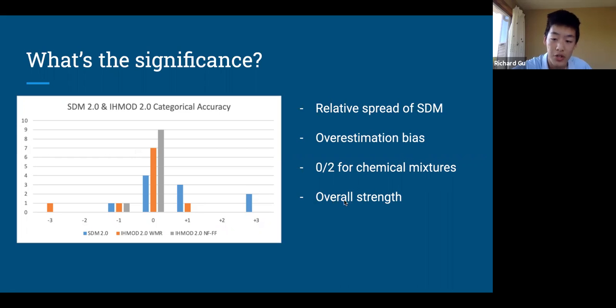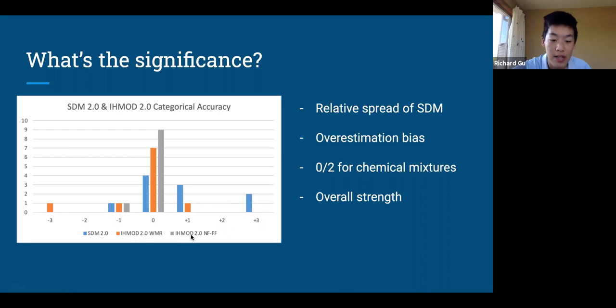Looking at the overall strength, however, we see that it's generally pretty strong. A typical criteria used within the industry is the idea of being within 1 exposure control category. And when we look at my results through this lens, we see that we've achieved pretty high accuracy. For the SDM, there were only 2 out of the 10 scenarios where it was outside of this range.